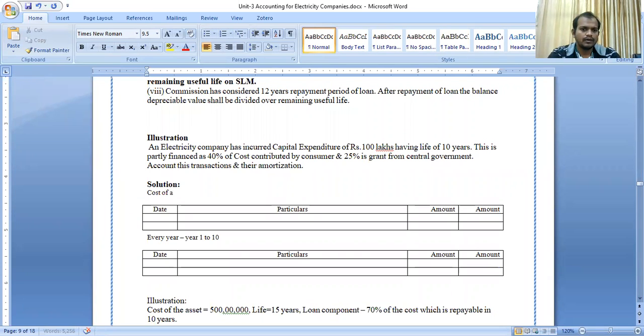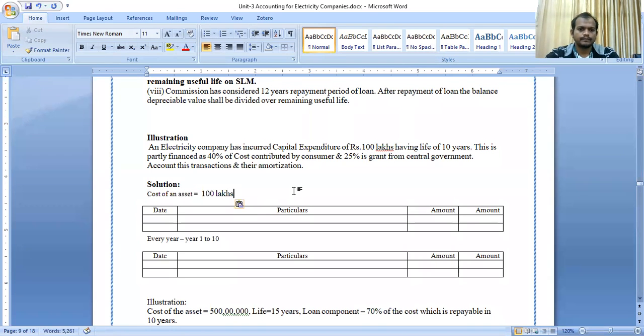Cost of the asset is 100 lakhs. Life, 10 years.